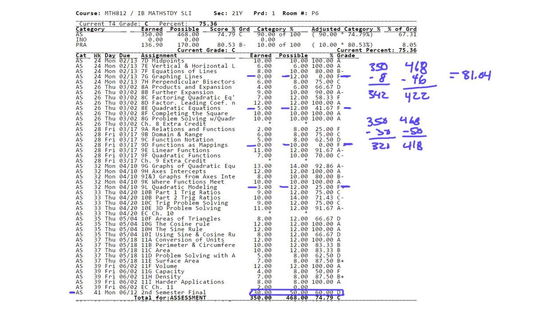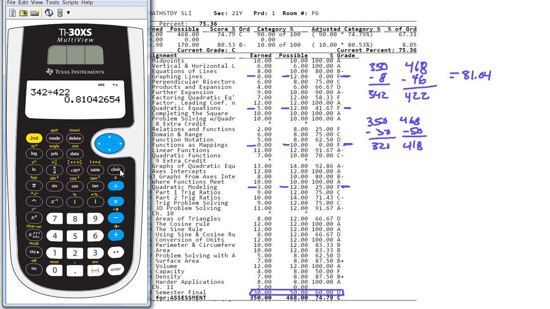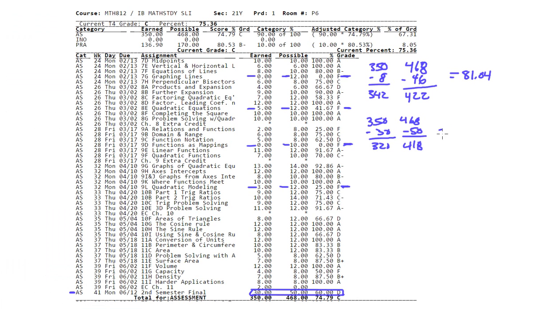So this would have been if we had never taken the final, so that would be 320 divided by 418, and that gives us a 76.56. You can tell that's almost 5%. That's a 4.5% difference.